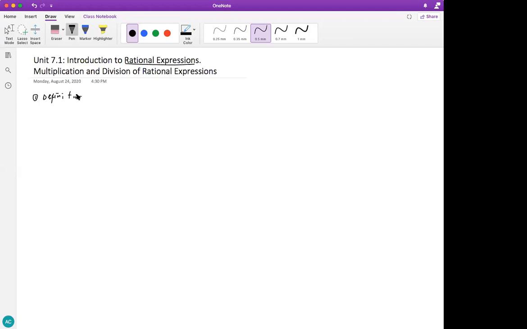So basically the easy answer is a rational expression is just a fraction.